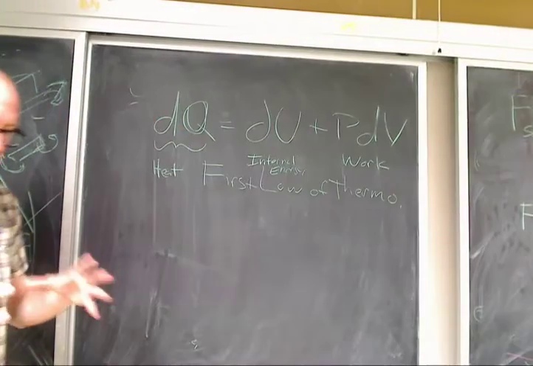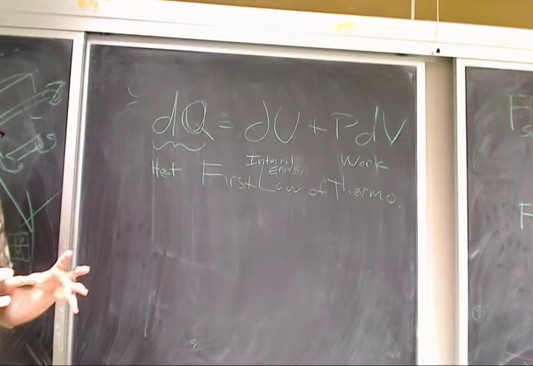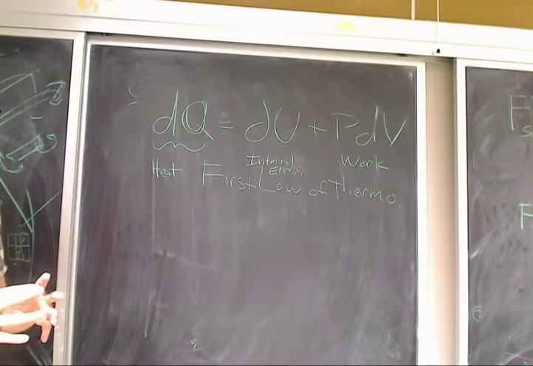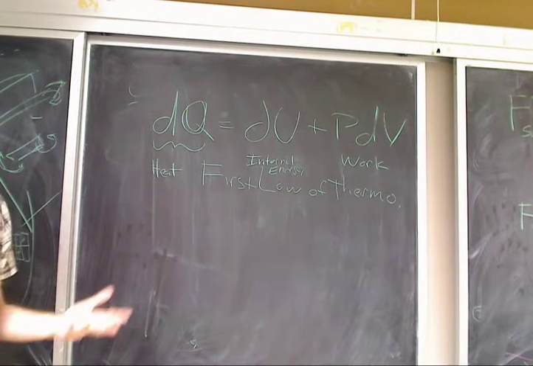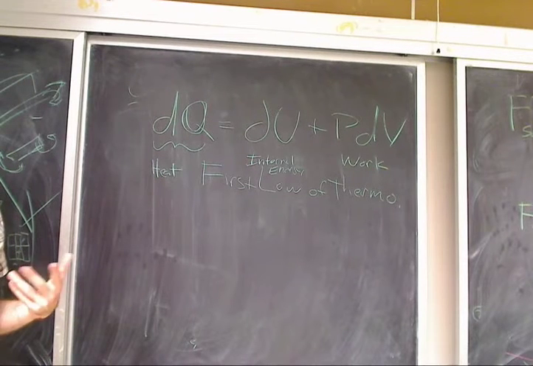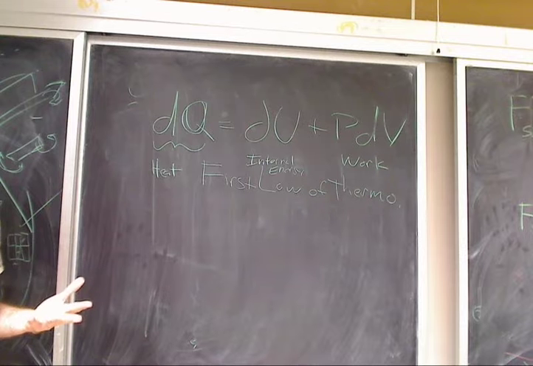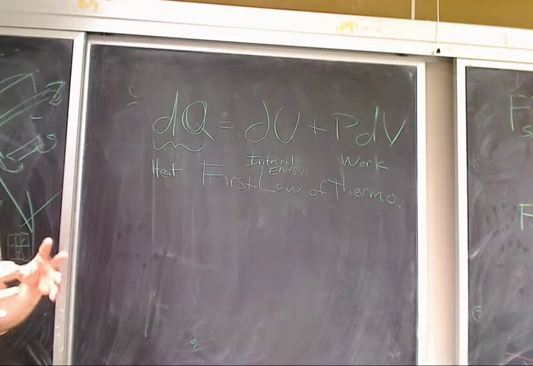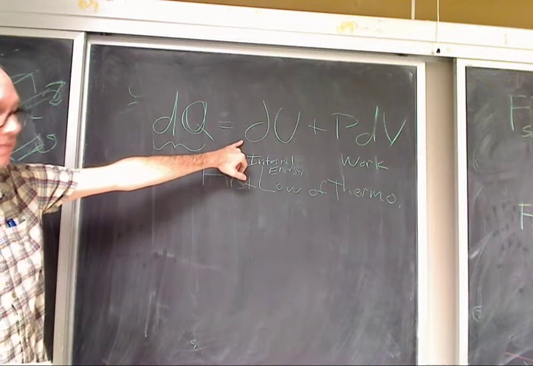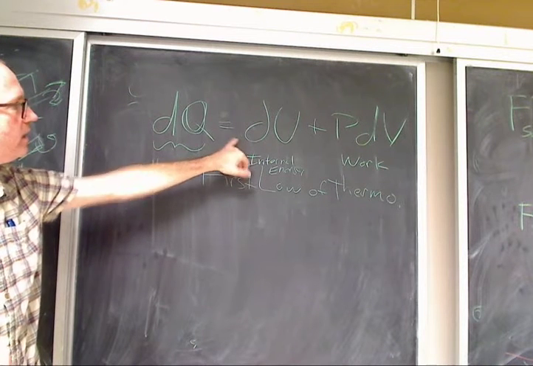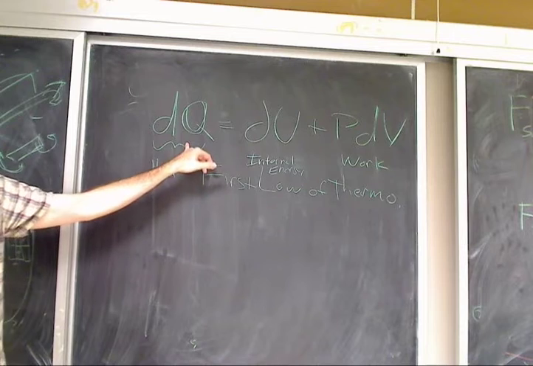So you have a gas with some pressure. If you change its volume, you have to do work. Internal energy is, for an ideal gas, just the temperature. For something else, it might be some configuration energy or whatever. Internal energy is all of the microscopic energy. And dq is the heat that comes in and out of a surface.